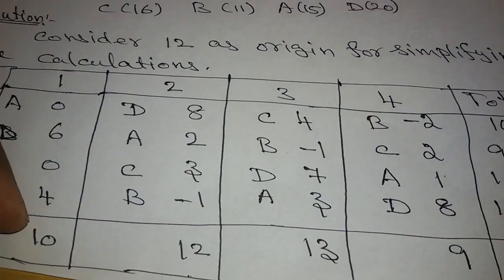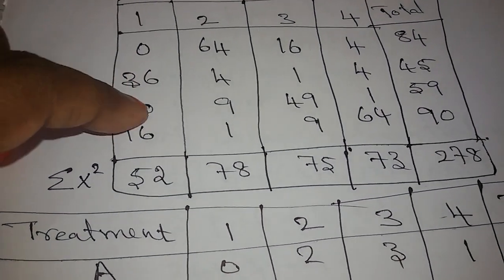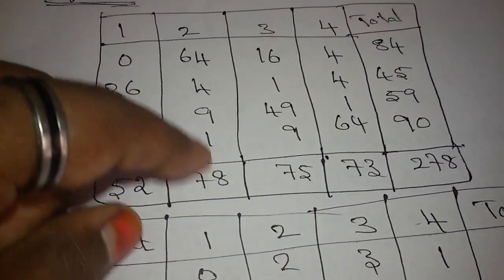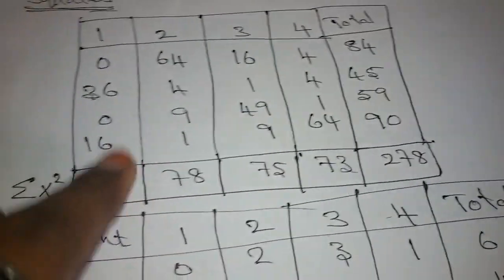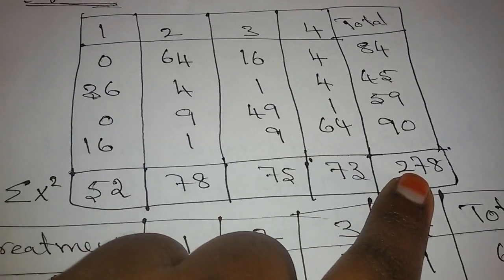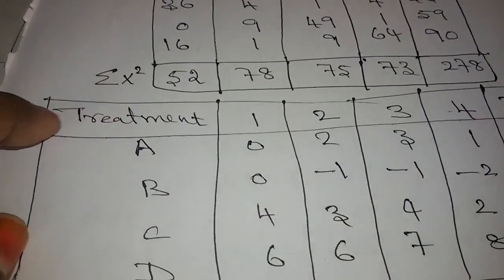So here you are having 0, 6, 0, 4, and their corresponding squares are 0, 36, 0, 16. Similarly, for each column find the squares, and again find the row-wise total, column-wise total, and the sum of the total values. This value is called sigma x squared.